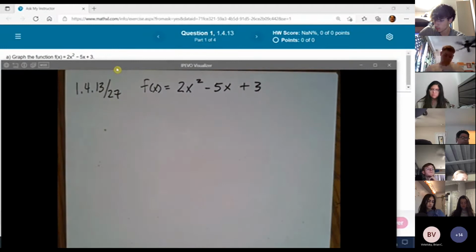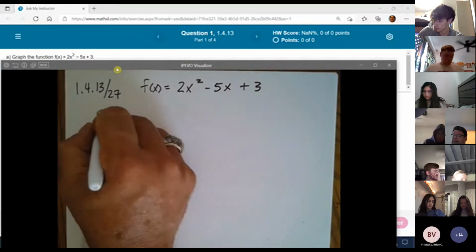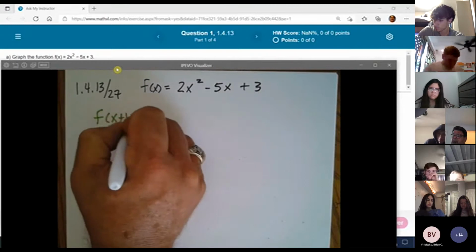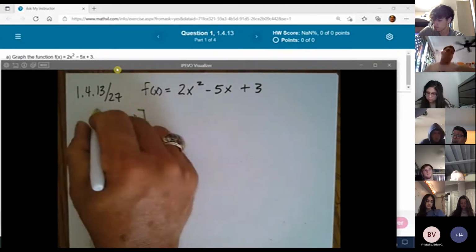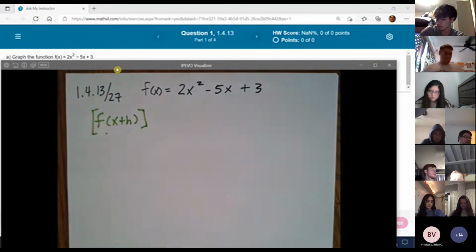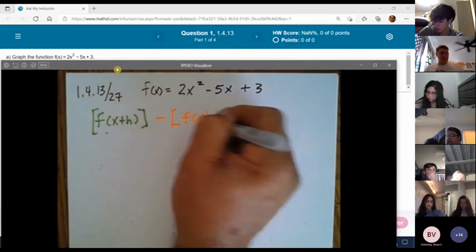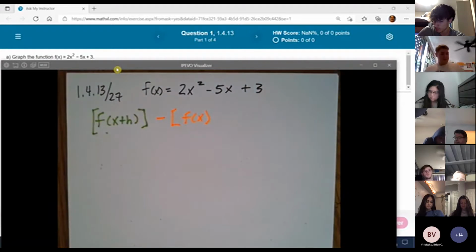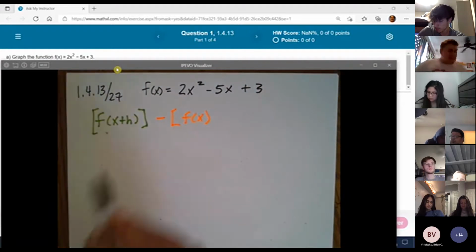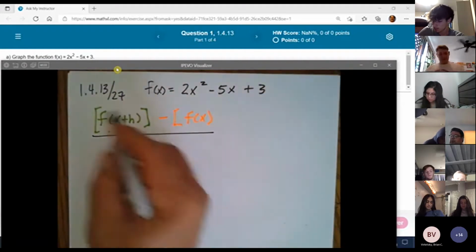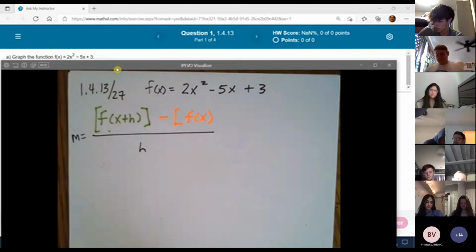And they want to use the difference quotient, which is f of x plus h minus f of x, all over h. And m is equal to this.